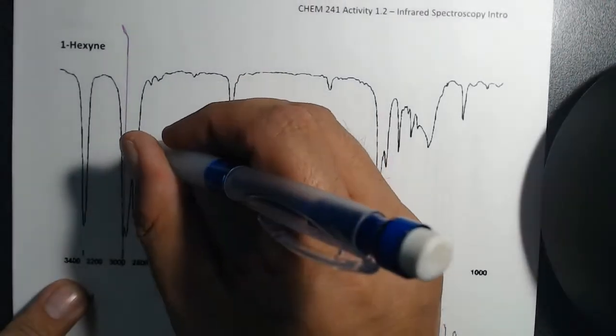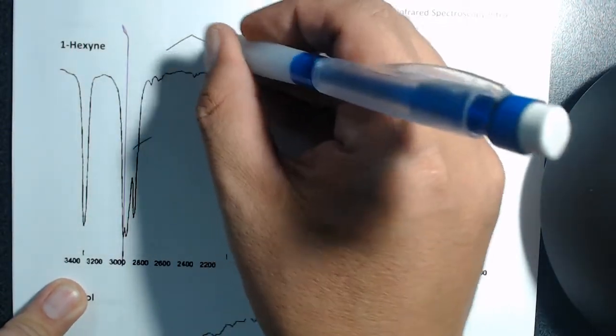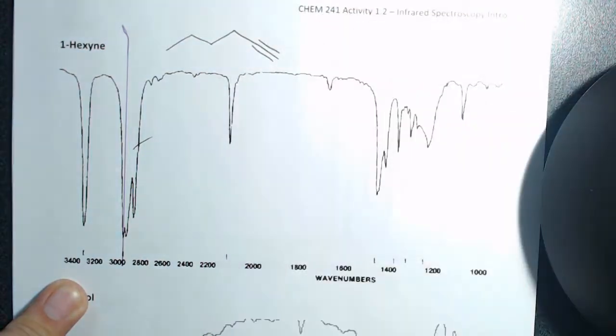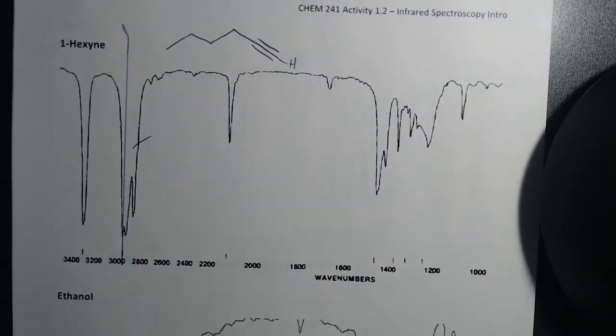So let me draw the structure first. We didn't go over naming yet, but 1, 2, 3, 4, 5, 6. I just want to emphasize the fact that this is at the end of a chain, so there is an H attached there.